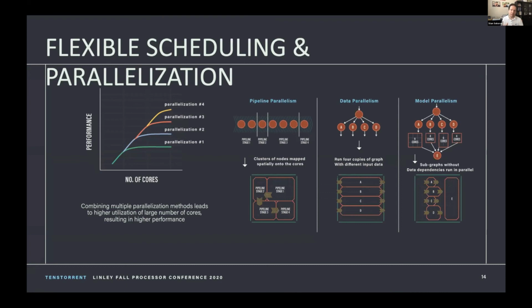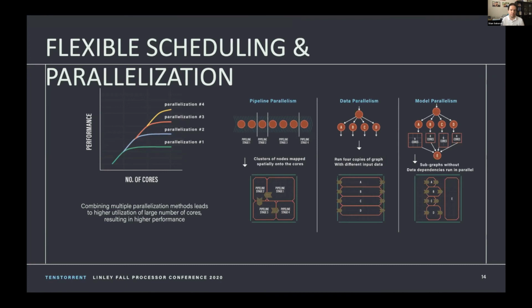But now that you've divided the workload, split the model onto these virtual devices, you still have to divide up the actual operations onto the cores themselves. And obviously, the more cores you have, the higher the performance is, but up to a certain point. And if you limit yourself to parallelizing instructions one way only, you're going to hit that limit very often.